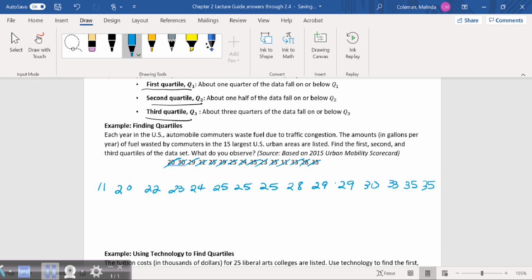So 1, 2, 3, 4, 5, 6, 7 on this side. And then coming from this direction, 1, 2, 3, 4, 5, 6, 7 on this side. So the 25 right here is the median. And so your second quartile does end up being your median.